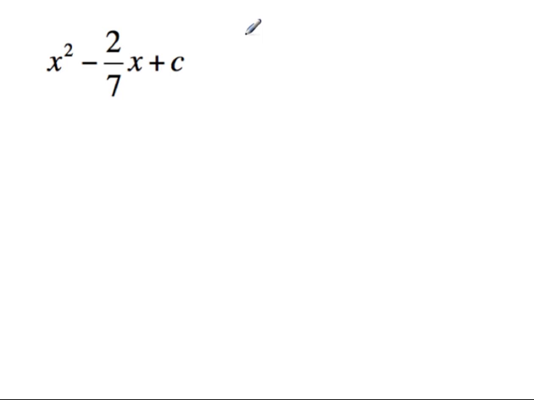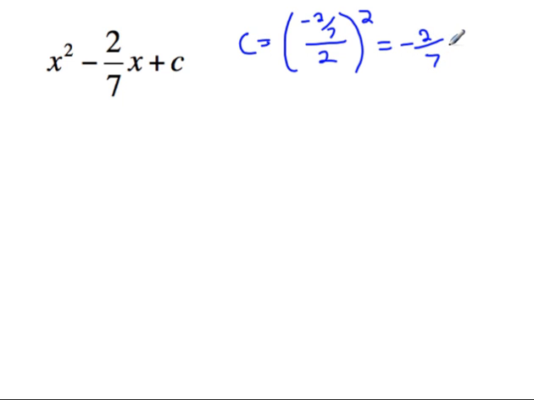In order to find C, I have to take negative 2/7 divided by 2 and square it. And since we have a fraction, I'm going to change this to negative 2/7 times the reciprocal of 2, which is 1/2. And then I'm going to square that.